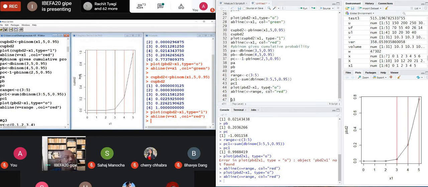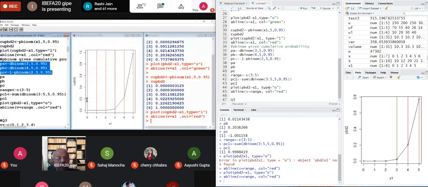So, D binom for the first two, 1 minus P binom for the last. Why? The last will be 1 minus P binom, because it's 3 or more.